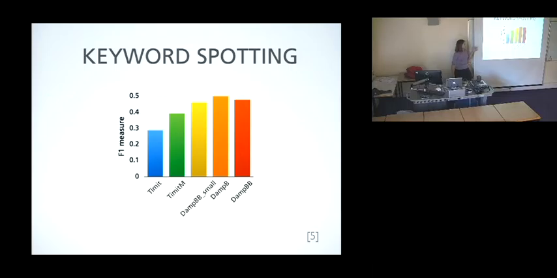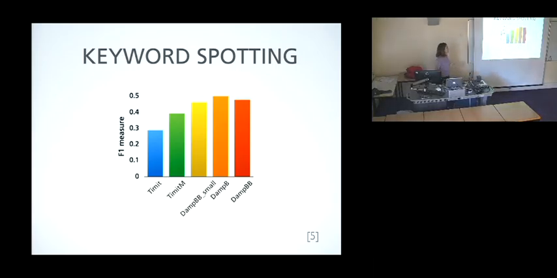The evaluation measure in this case is the F1 measure on the whole data set. So I'm trying to figure out how many of those keywords that I'm looking for I can actually find. I'm once again seeing that if I'm using acoustic models trained on TIMIT, it doesn't work very well, and once I get models that are trained on singing, again that helps.